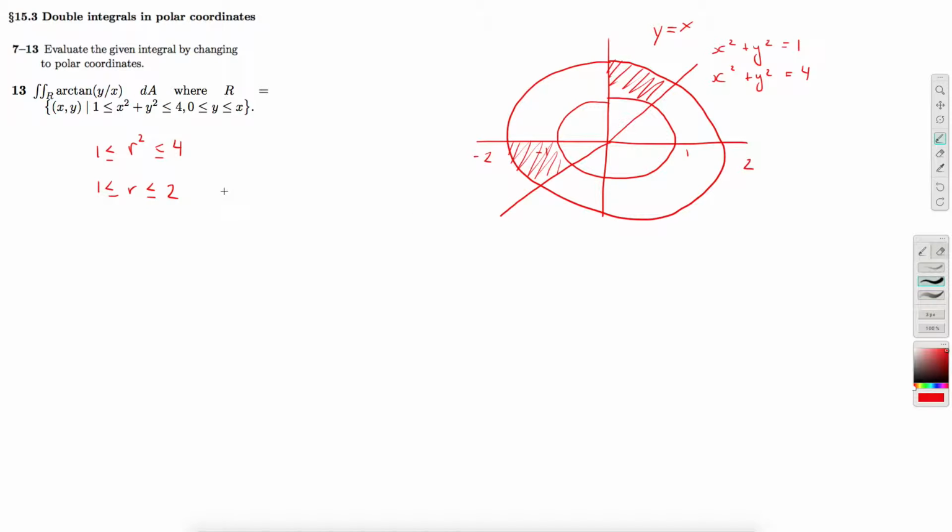So in other words, this could be rewritten as 0 is less than or equal to theta is less than or equal to pi on 4. So we're going to write this equation as pi on 4, 0, and as the radius is 2 and 1, of arc tan y on x.